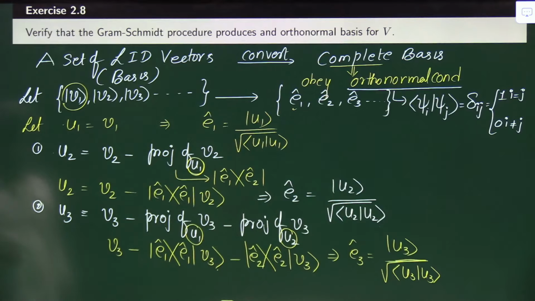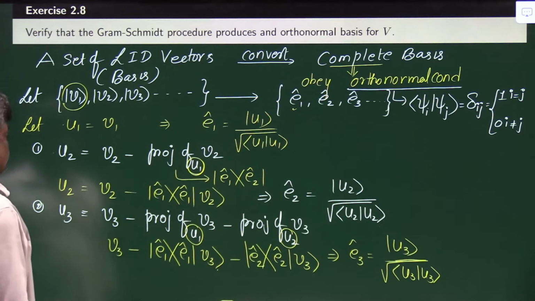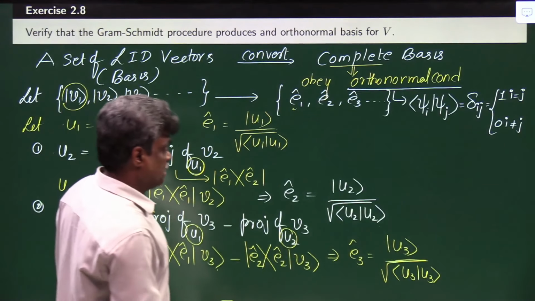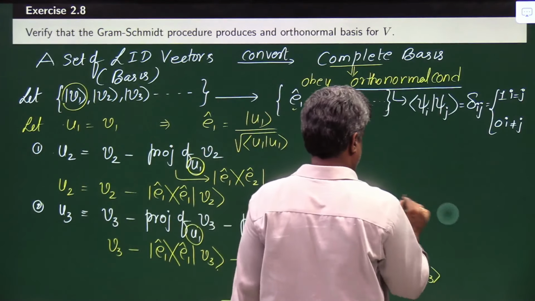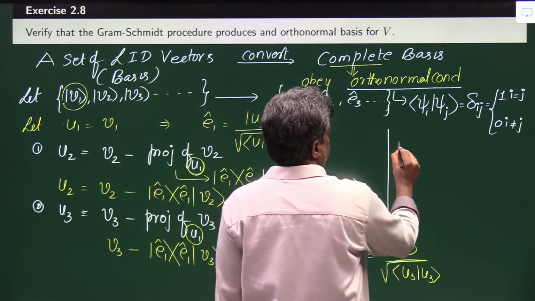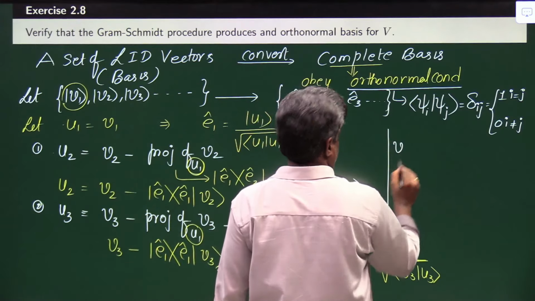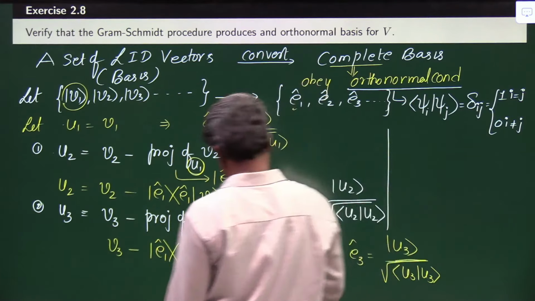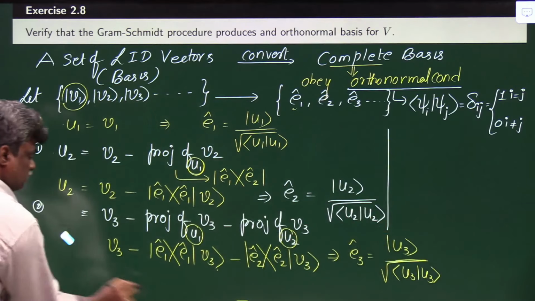So if you want to write more generally, you can write it like this also. Let me write here itself.